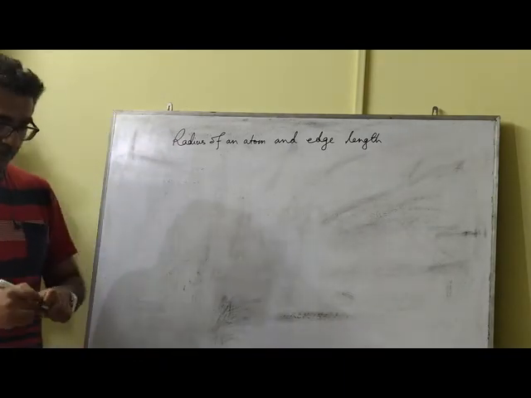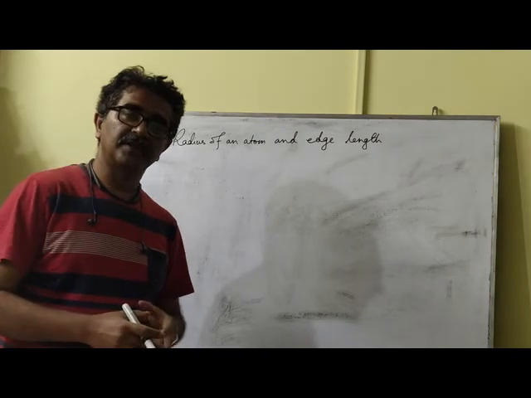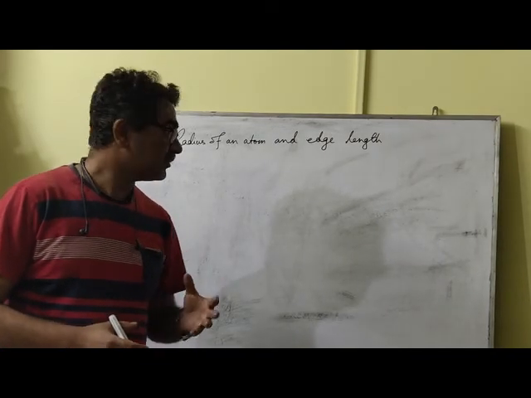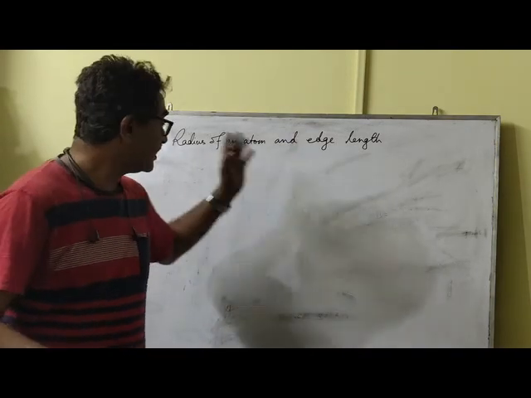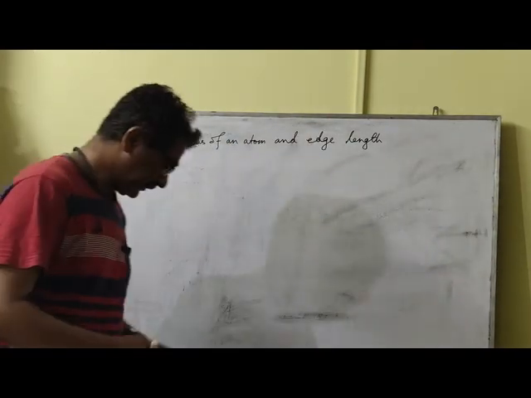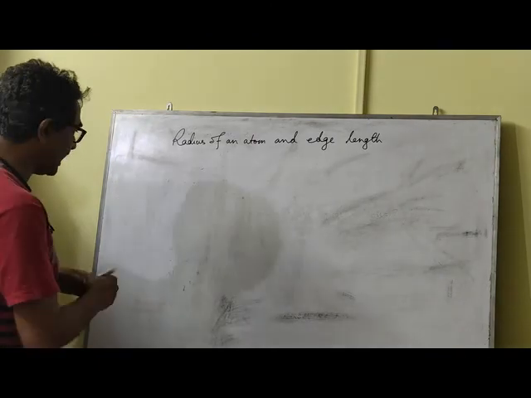So what we are going to do is find out a relationship between the different types of unit cells, the radius of the atom and the edge length. So what do I mean by that?